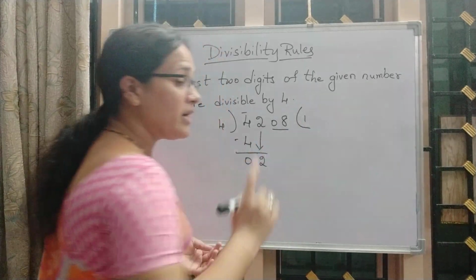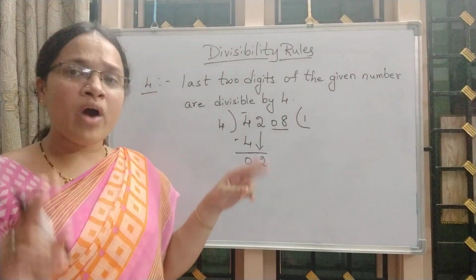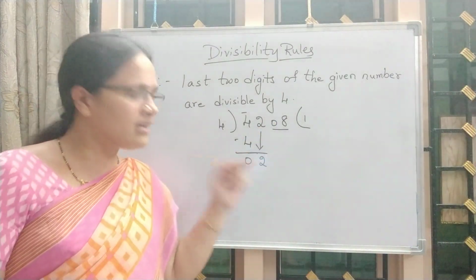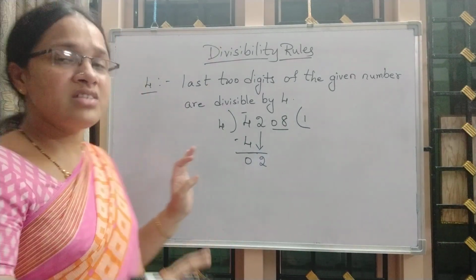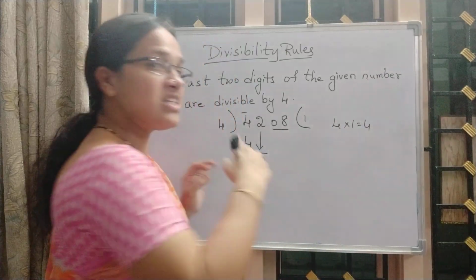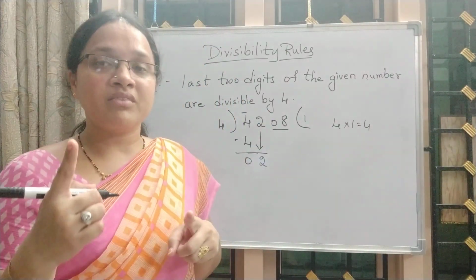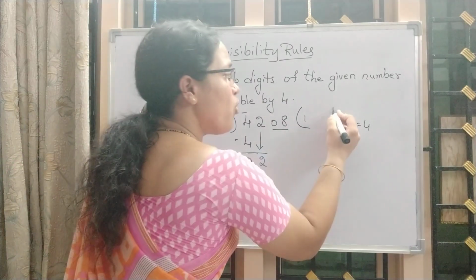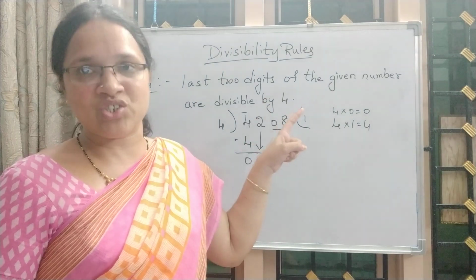But think, children, many children are confused when dividing like this. Miss, why should you drop 2 digits at a time? I'll tell you the reason. In the 4 table, when you are learning, you start from 4 ones are 4. But actually our tables begin with 4 zeros are 0. This is the initial step of the table.